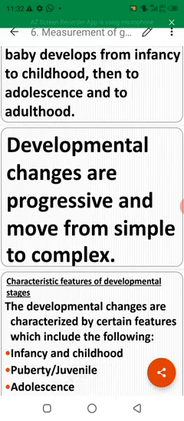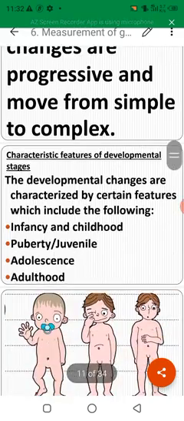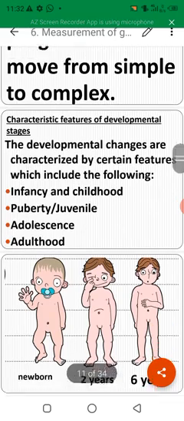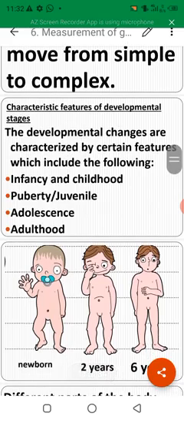Developmental changes are progressive and move from simple to complex: from simple to complex reasoning, handling things, doing everything. You can see when somebody is developing, he can do many things within a very short time. Then what are the features?